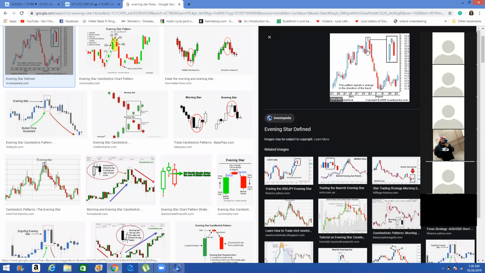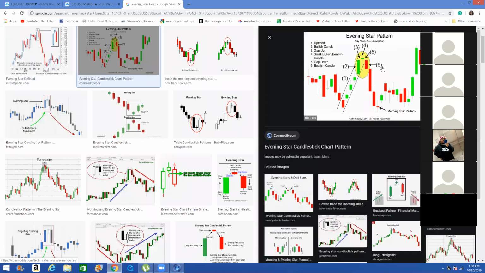An evening star is usually going to be a long bullish candle, then a small hammer or doji, and then a bearish engulfing. All right, it always has to look like this. Always going to be that doji and then the bearish engulfing. All right, always.